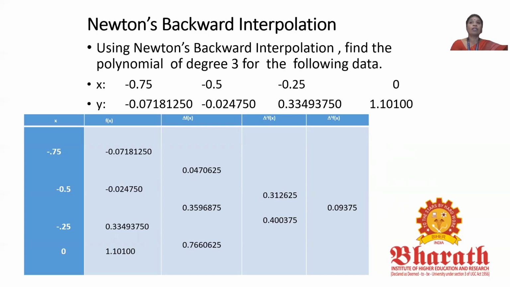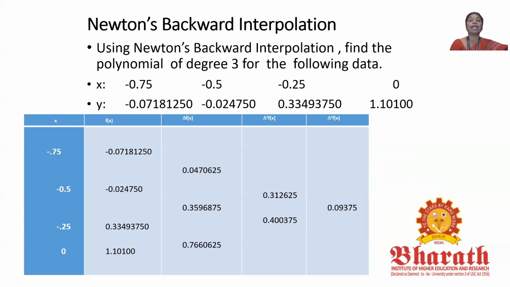If you do the calculation using a calculator, you will be getting the value 0.3596875. Next value is from 1.10100 minus 0.0334933750. If you use the calculator, you will be getting the value 0.7660625.